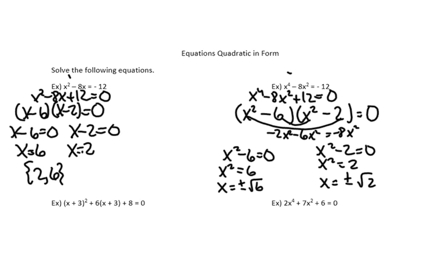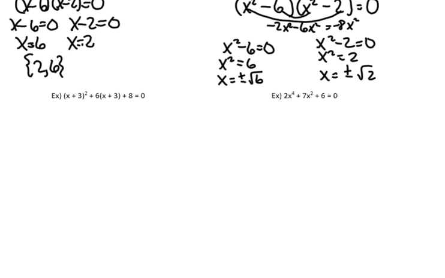All right, now let's go down here and take a look at x plus 3 squared plus 6 times quantity x plus 3 plus 8 is equal to 0. So again, the question is, how do I break down x plus 3 squared? Well, that is going to be x plus 3 times x plus 3.